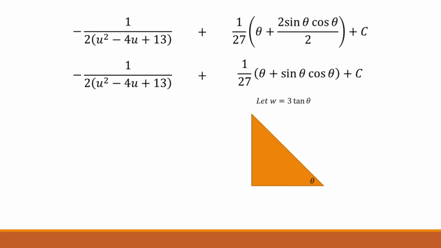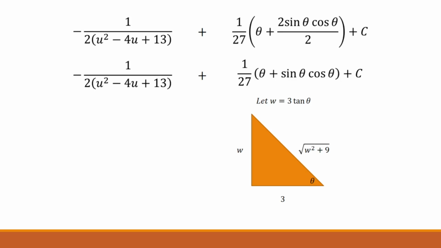The angle will be theta. And because w is equal to 3 tangent theta, tangent theta will be w over 3. So that's opposite over adjacent. Opposite side is w, adjacent side is 3. And doing the Pythagorean theorem, we get the square root of w squared plus 9 as our hypotenuse.